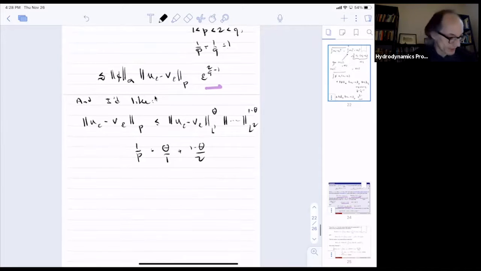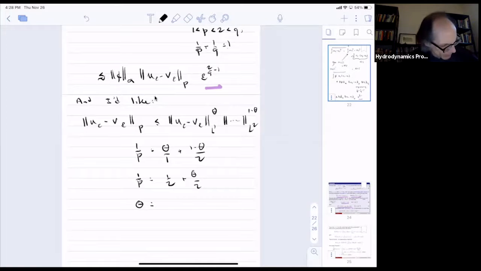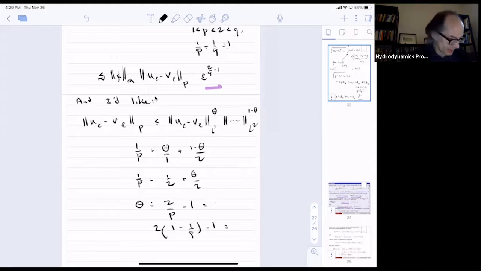If we work this out, this says that 1 over p is 1/2 plus theta over 2, and so theta is 2 over p minus 1, which in terms of q is 2 times 1 minus 1 over q, minus 1, which is 1 minus 2 over q.